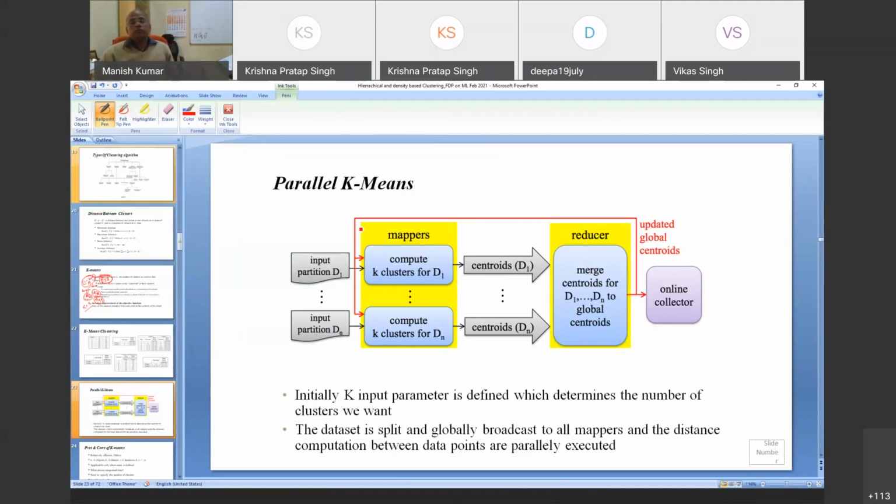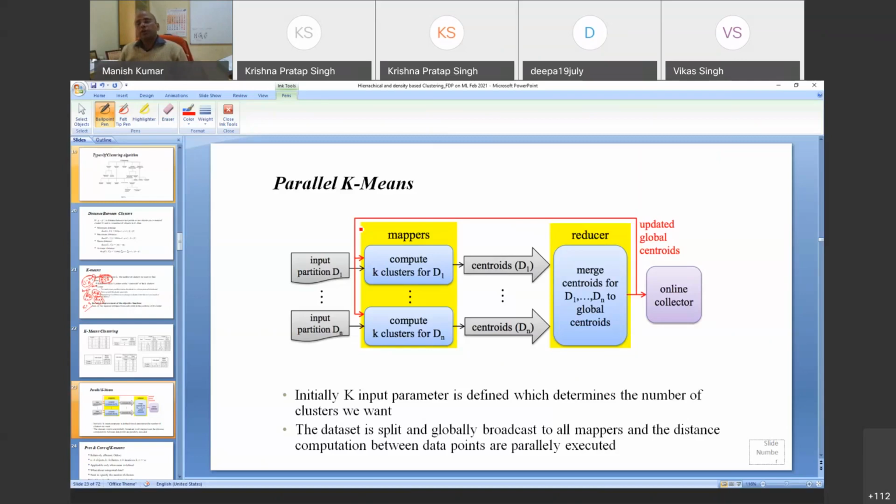Say there are n number of terminals I can use, where n number of mappers will be executed, and similarly there will be n number of reducers. The idea is that each mapper will execute k-means on its local data D1, and similarly for Dn. The question is what result you get when you look for global clusters at the end.